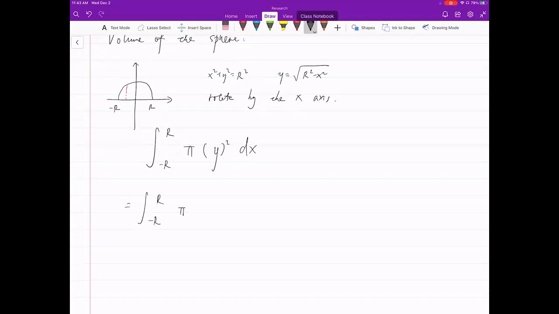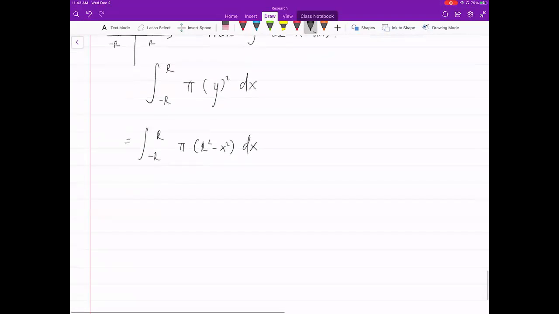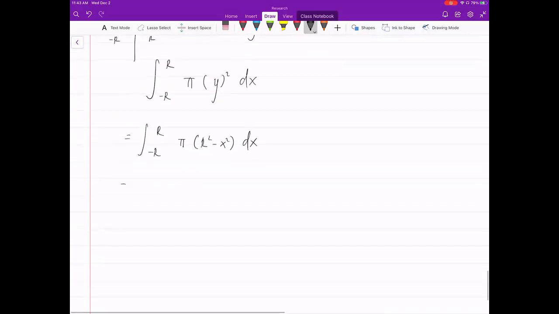Pi, this is your y. Your y squared is fantastic because square root and square cancel each other. Pi r squared x minus pi 1/3 x cubed, from negative r to r.